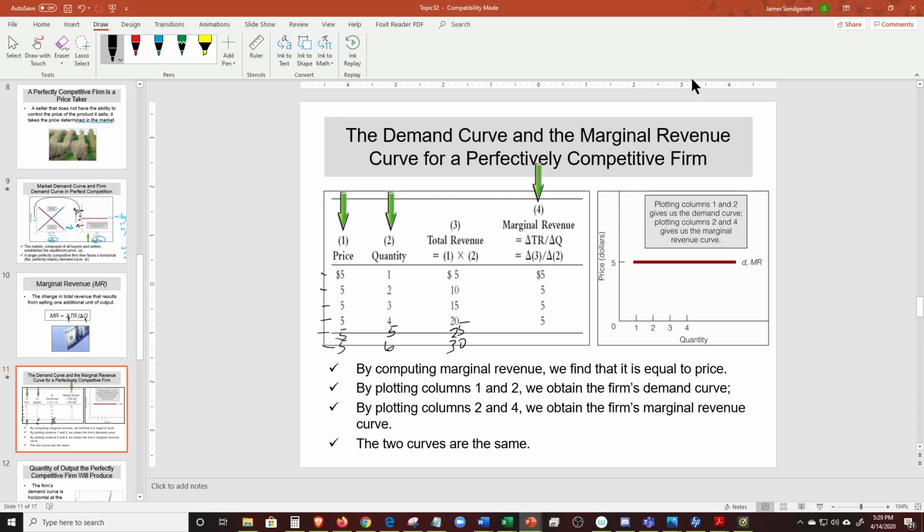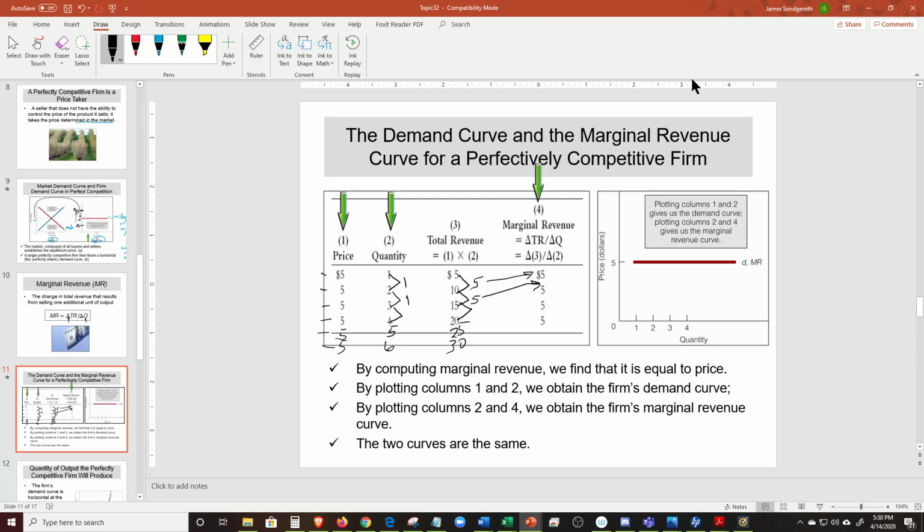And the marginal revenue is the change in total revenue, which is 5, divided by the change in output sold, which is 1. And so that would be $5. And then the total revenue changes again by 5 when output and quantity sold changes by 1. So the marginal revenue is $5. Then he produces and sells 1 more bushel.